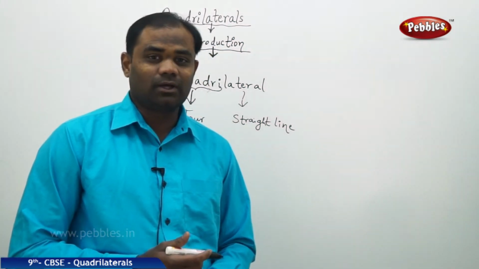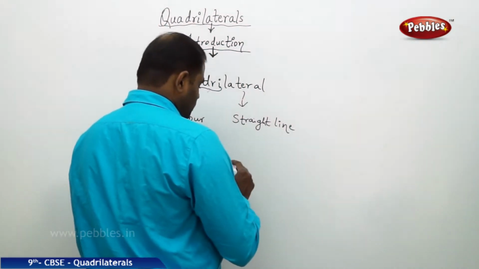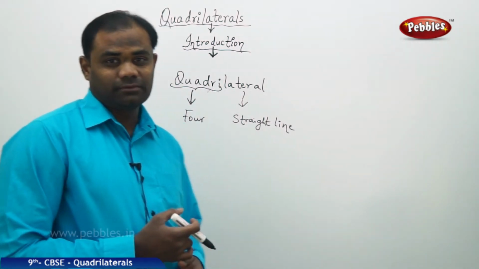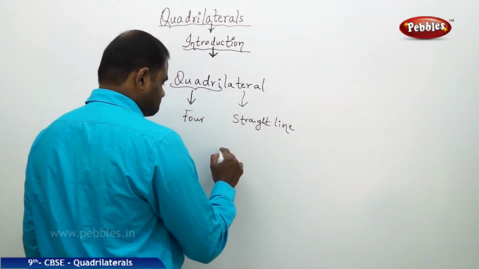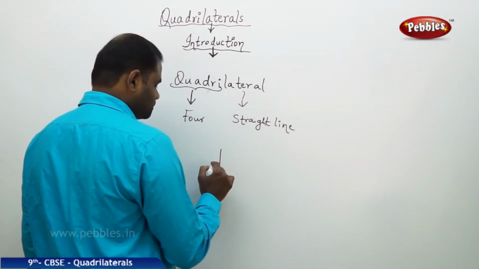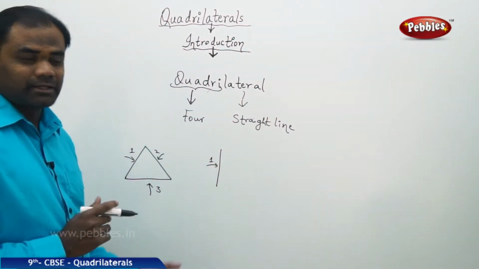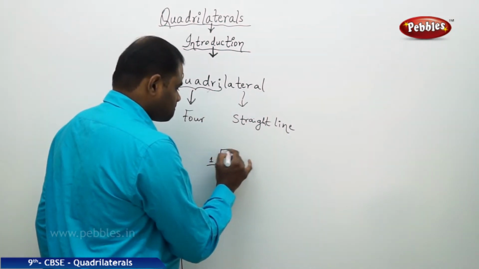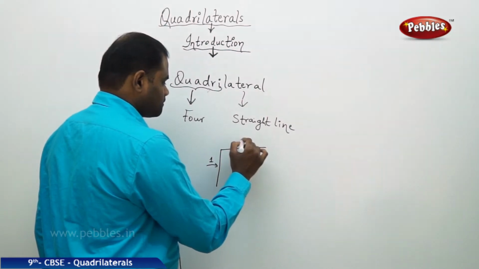So let's see how a quadrilateral is formed. Imagine I take four lines which join together to form a closed region. For example, I have line 1. This is the first line, and I take the other line and join it here.